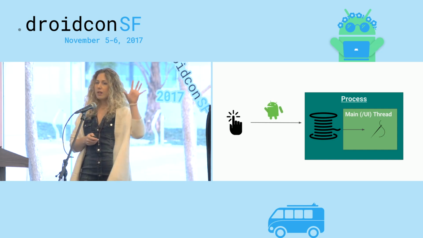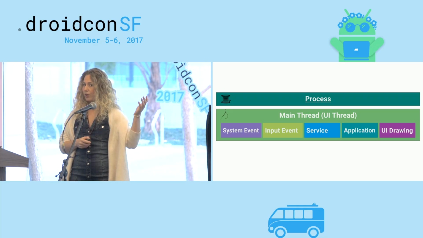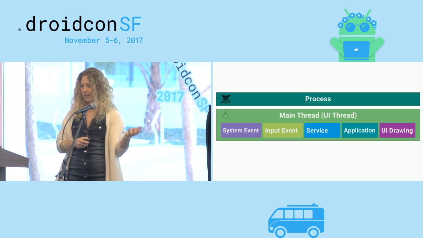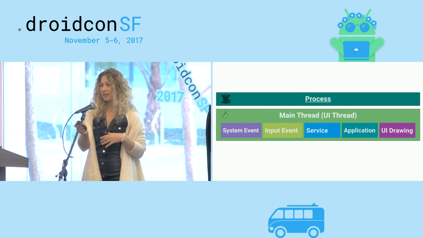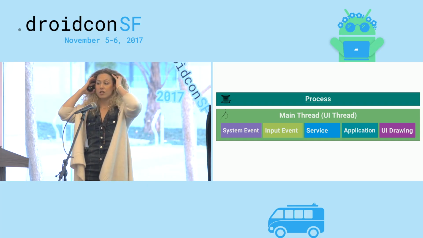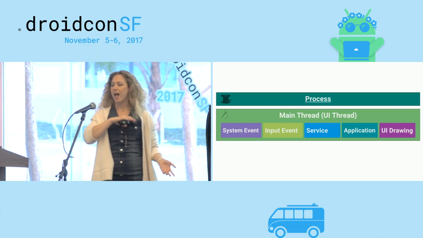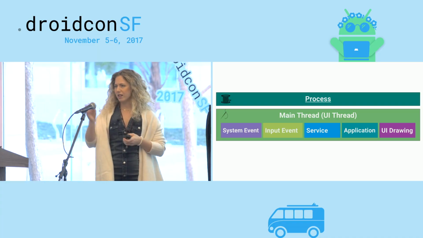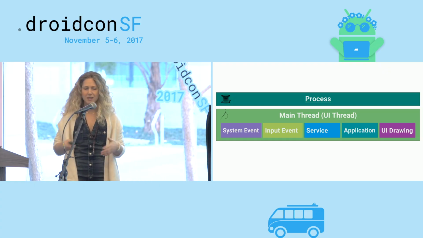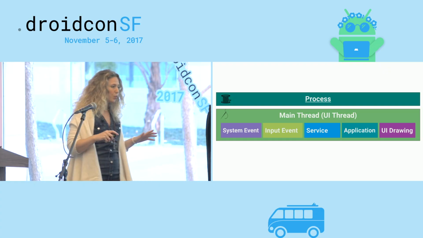The UI thread, you all know that, is really busy. It has tons of stuff to do. All of the UI drawing and all of the UI stuff that we're talking about here is going to happen on the main thread, but also the services and the input events and all the application callbacks for life cycles. Everything is going to happen on the main thread. You know that the main thread is super busy.